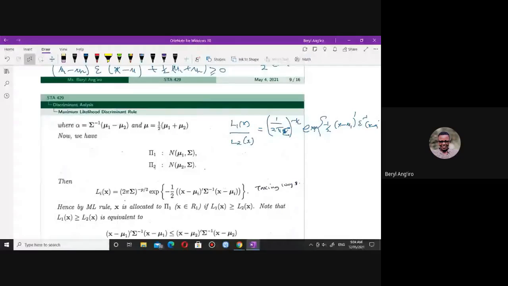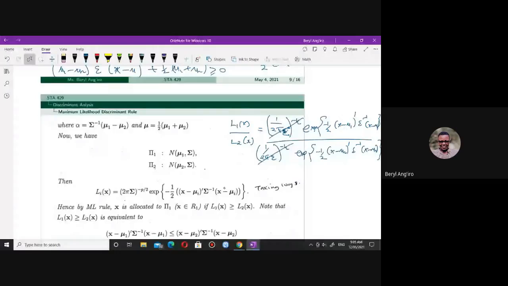Then we are dividing by population 2. So we have 1 over 2 pi sigma to the power negative a half, exponential minus a half (x minus mu2) transpose sigma inverse (x minus mu2), that is from population 2. So this and this will cancel.